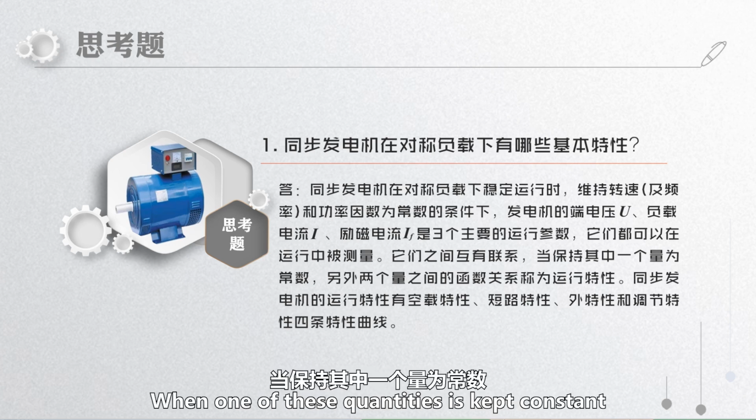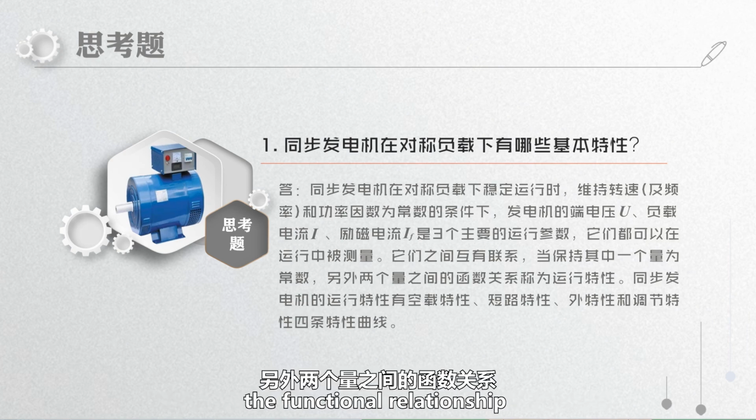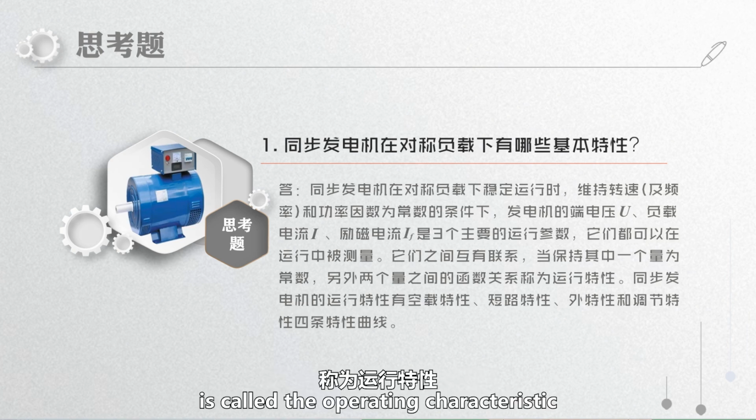When one of these quantities is kept constant, the functional relationship between the other two quantities is called the operating characteristic.